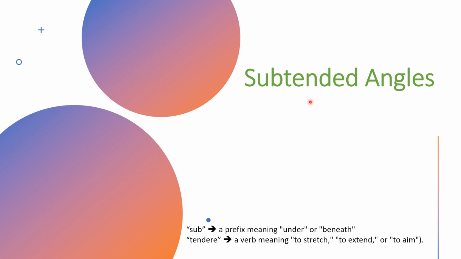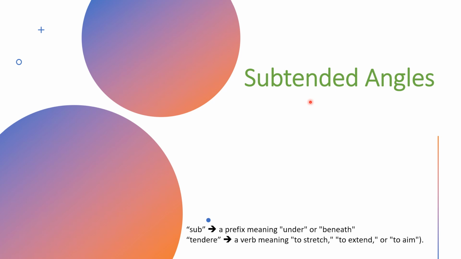What is the meaning of the word sub here? Sub is a prefix, you know. The meaning is under or beneath. It takes a couple of other meanings also, but let's take under or beneath here.